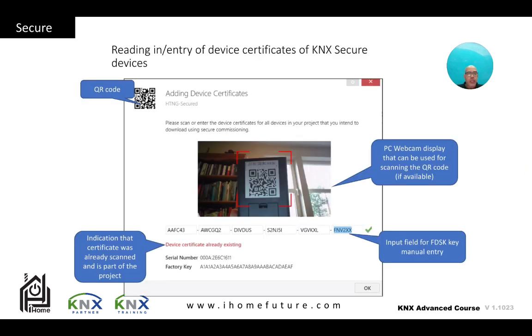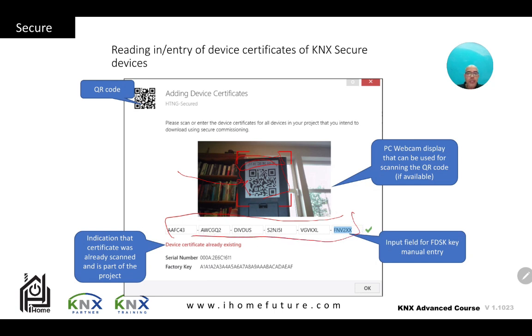When you have a new secure device, it usually comes with a QR code on the device itself and a plain text. This is the key, by the way. The QR code is the key, or the text is the key. If I have a webcam on my laptop, I will be notified to open the webcam, so the laptop and the ETS can read the QR code via the webcam and enter the key automatically.